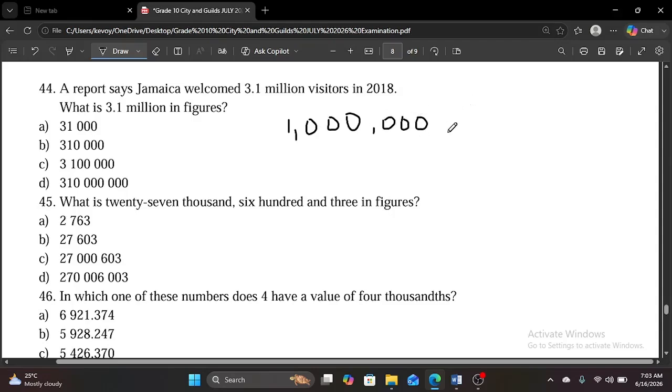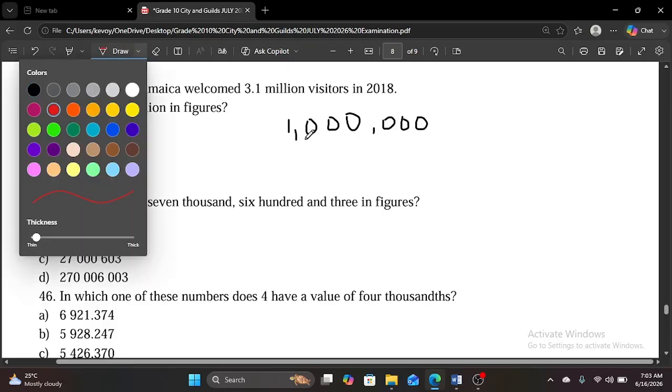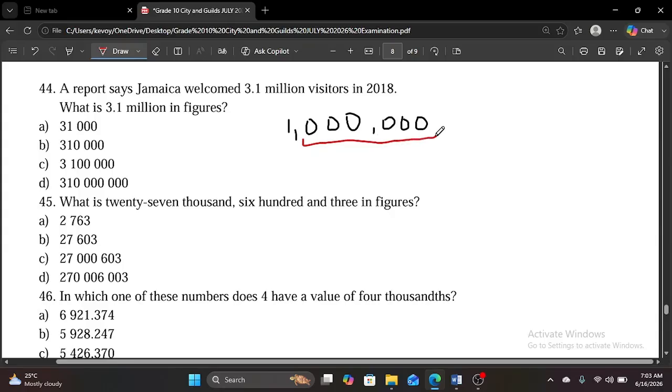That means you have to ensure there are 6 zeros, so you normally have 6 figures coming afterwards. $1,000,000 has 7 figures when you count it. So this is 6, and we have another figure right here, so it's a 7-figure number.